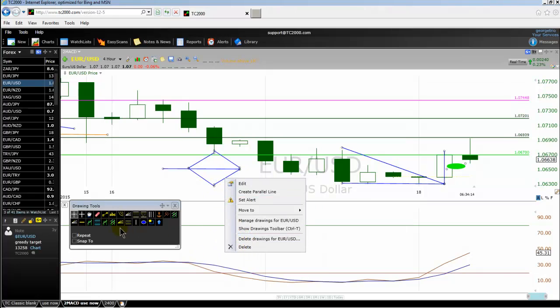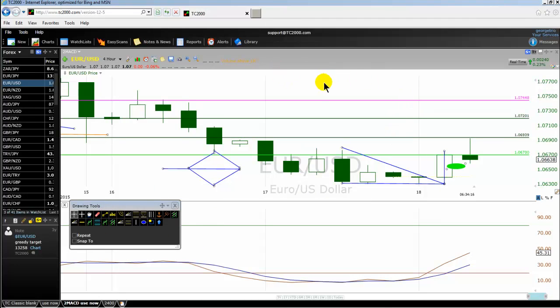Also, we have another one that we call the head and shoulder pattern. For the head and shoulder pattern, you draw the neckline, and you measure the distance from the neckline to the top of the head. There's the left shoulder and the right shoulder.